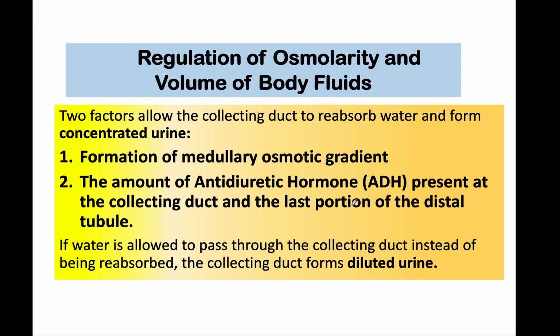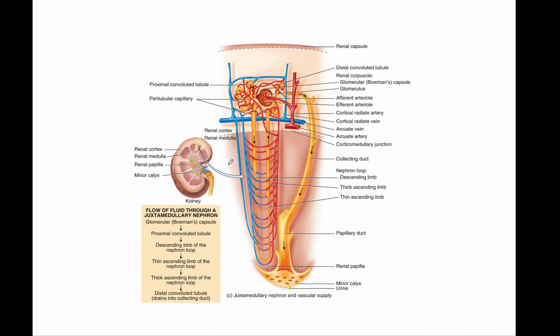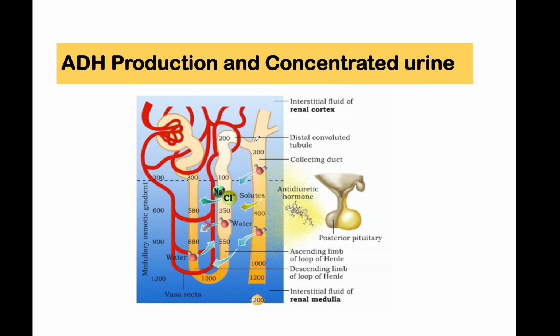And the important thing here is that the antidiuretic hormone comes into play. Of course, there is another factor too in formation of concentrated urine. It's the medullary osmotic gradient. Here we can see in one of the pictures. This is the juxtamedullary nephrons, where most of the concentrated urine production occurs.